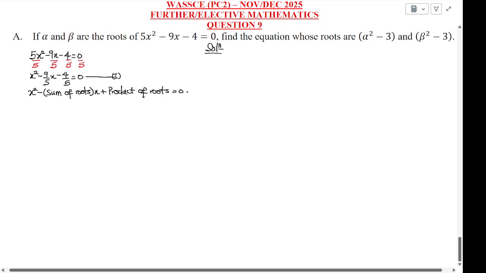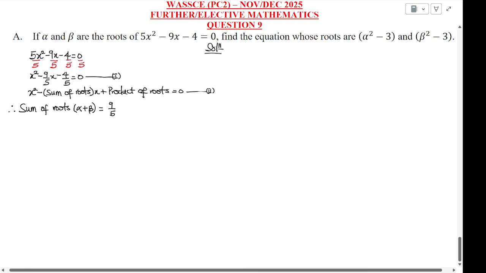So comparing these two equations, in this case they are saying alpha and beta are the roots, so the sum of roots, which is alpha plus beta, you know sum is plus, right? Positive. So alpha plus beta can be given as 9 out of 5.